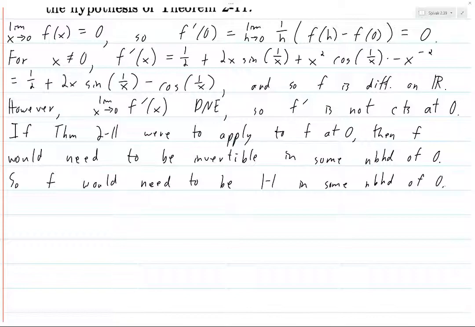But even if you just have a 1-to-1 function, to get a bijection, you can just restrict the range of the function to the image of the set on which the function is 1-to-1, and then you get a function which is 1-to-1 and onto, and so you get a bijection, and then you can go ahead and invert it. Okay, so anyways, point is, f would need to be 1-to-1 in some neighborhood of 0.